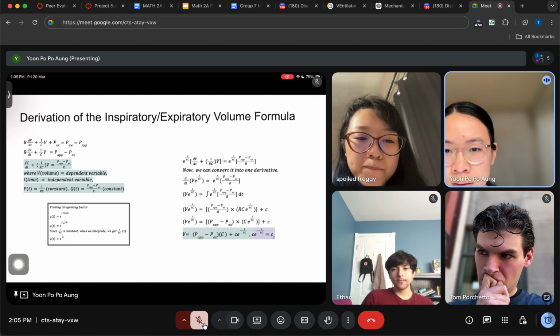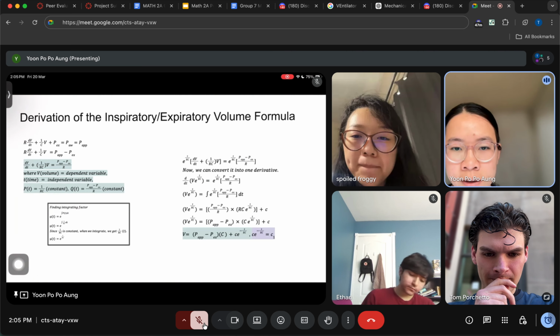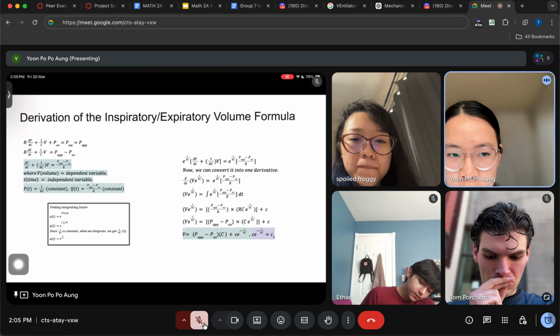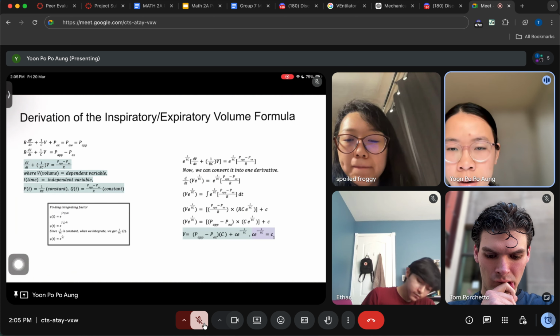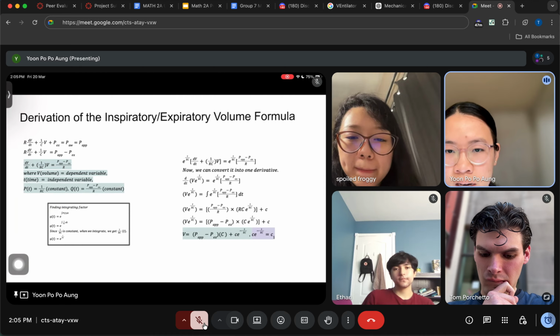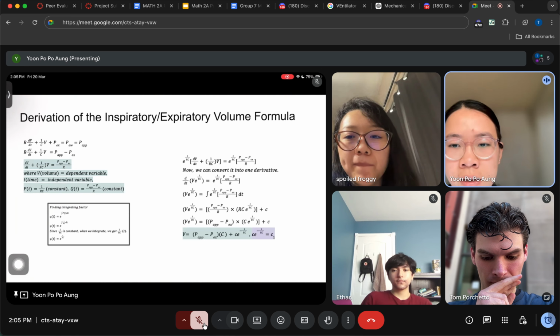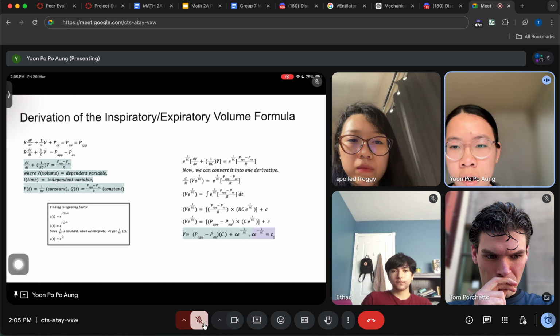Now we can find the integrating factor. When we find it, we get e^(t/RC). Here, we keep p(t) equal to 1/RC, and q(t) equal to P_ex over R.